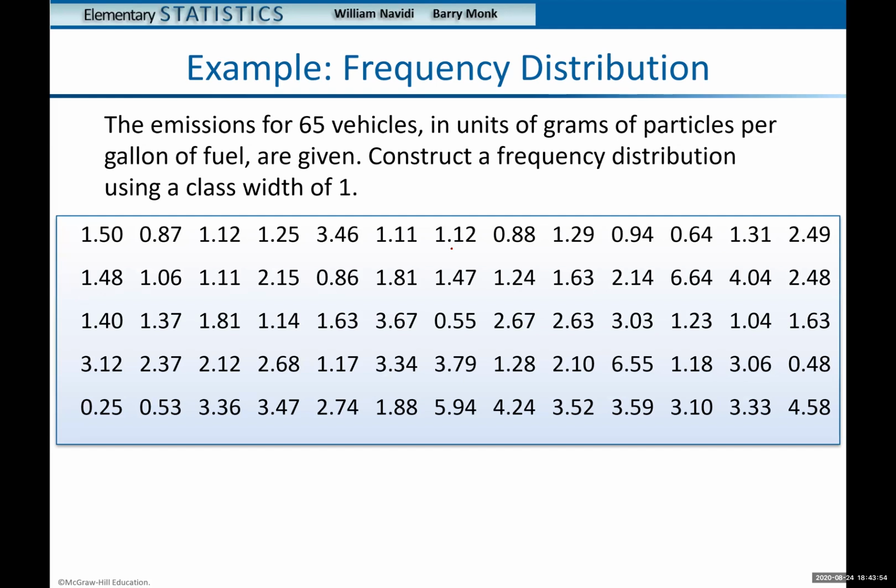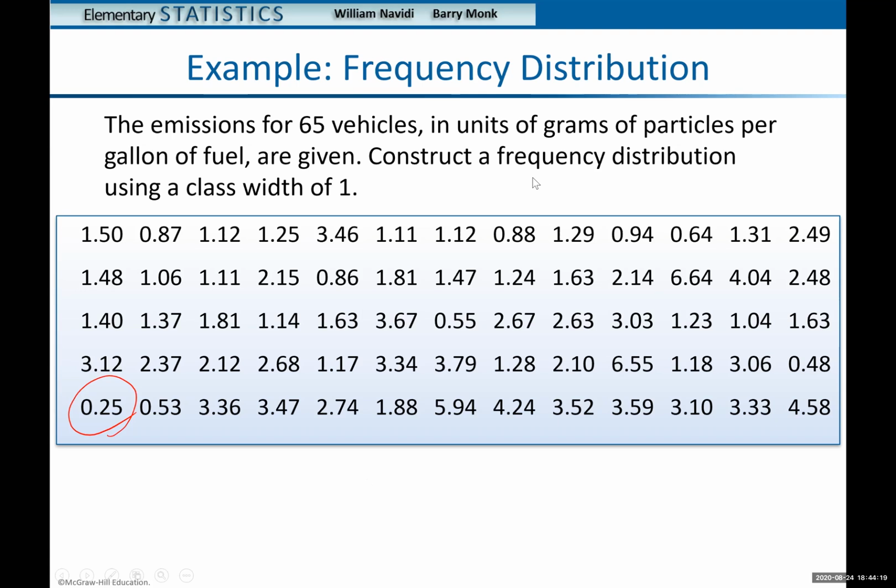Is it 0.25? Yes, here, so 0.25. And which one is the highest? The maximum value?